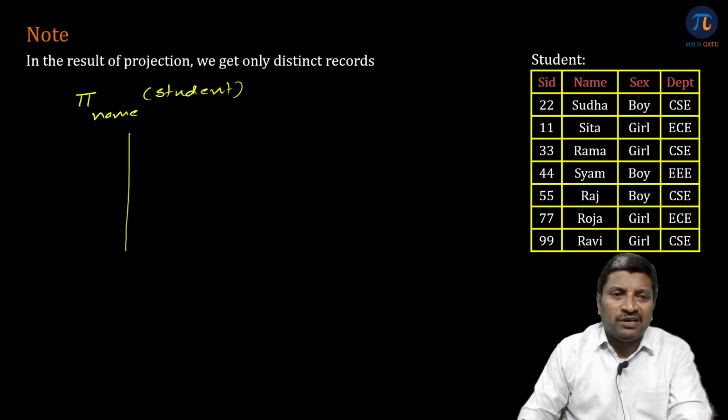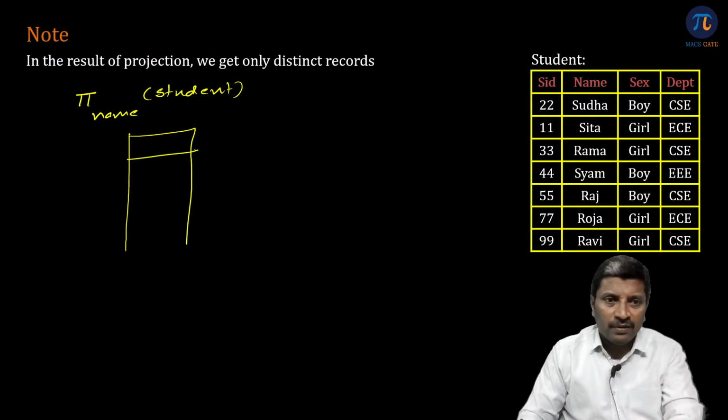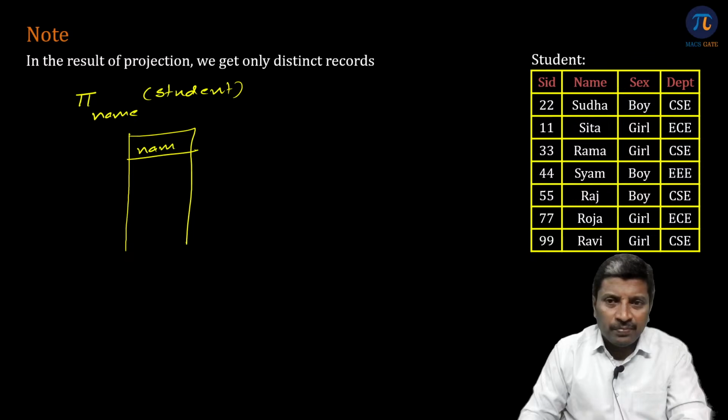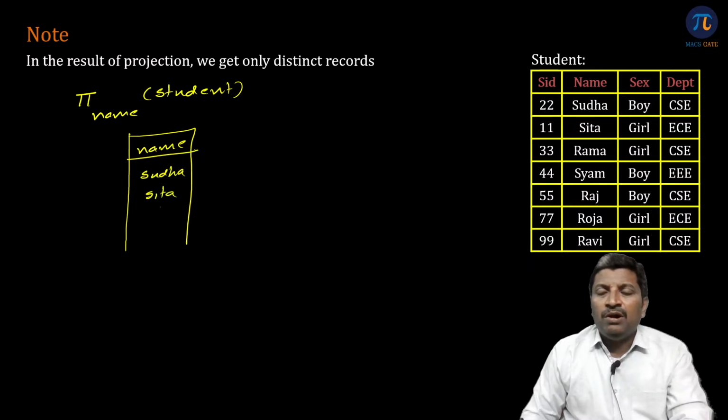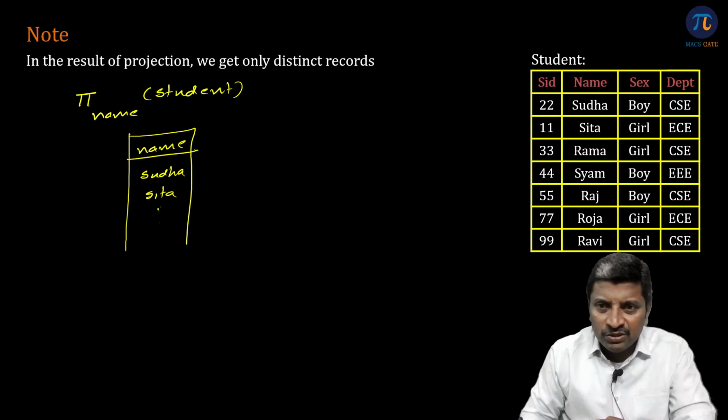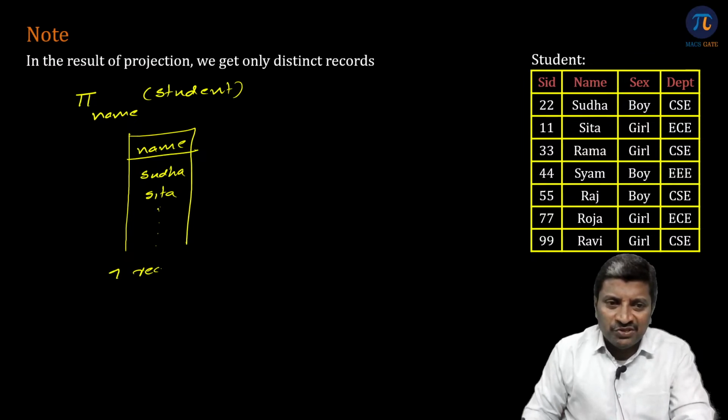The result I will get like this. Name. What are those? Sudha, Sita, Rama, Shyam. All they are distinct values. So I will get all the 7 records. Please observe it, sir. All the 7 names are different.